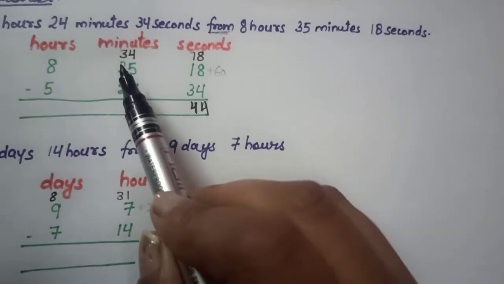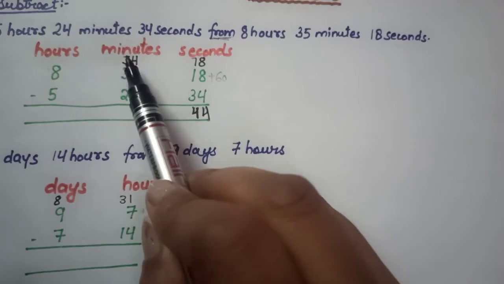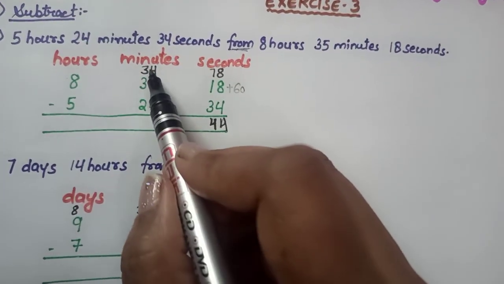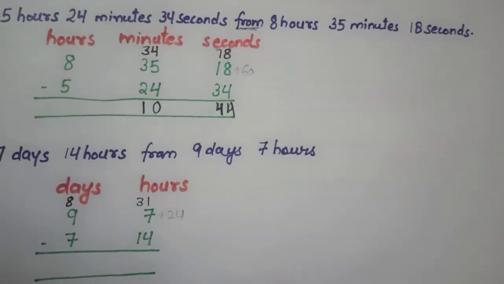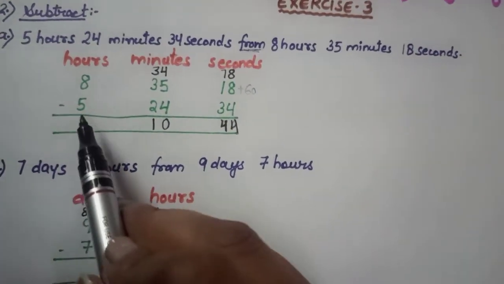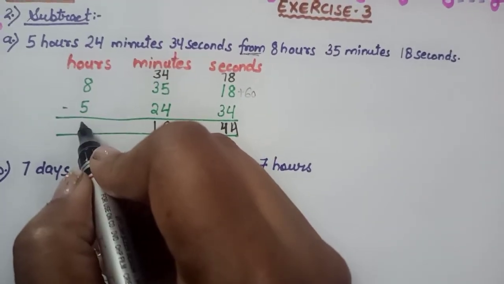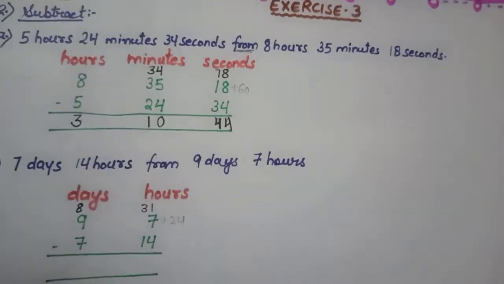Now the minutes gave 1 to seconds, so it will become 34. Let us subtract, as we can subtract 24 from 34, and the answer will be 10. Now let us move on to the hours part. After subtracting 5 from 8, we will get 3.